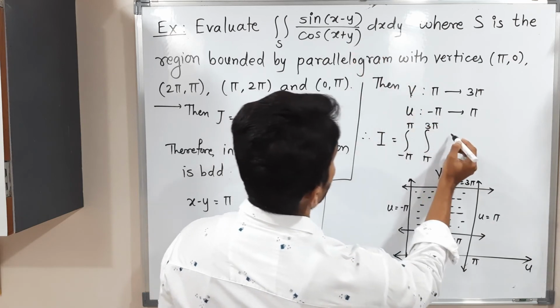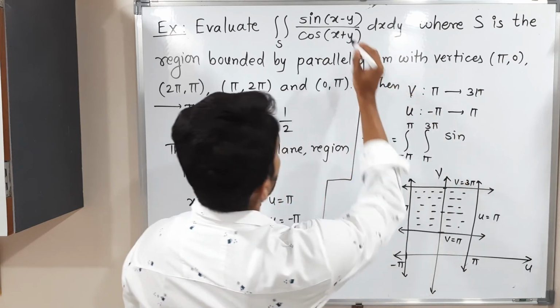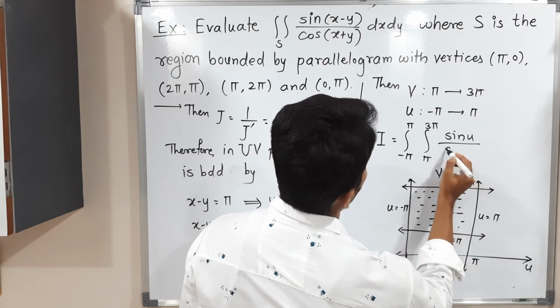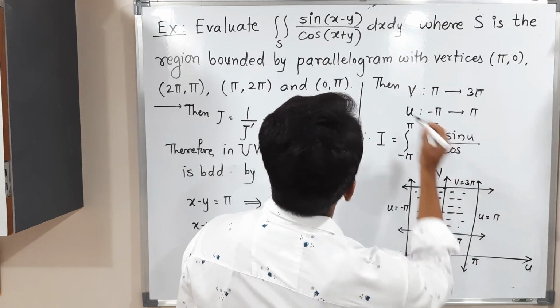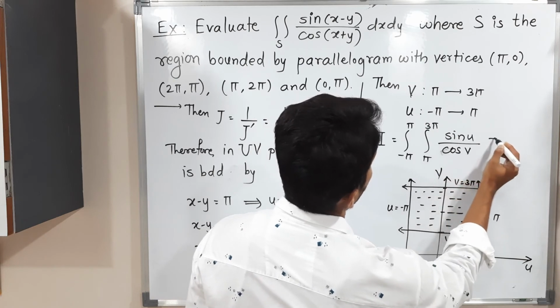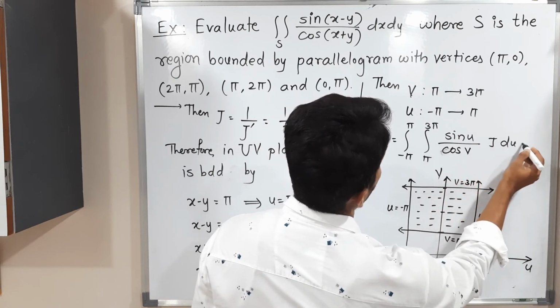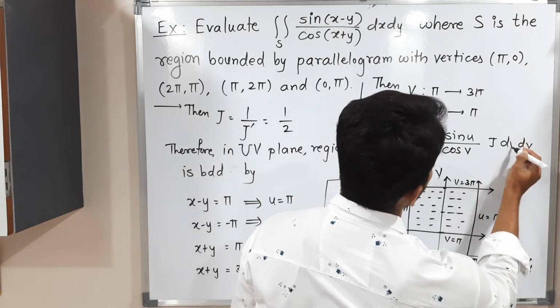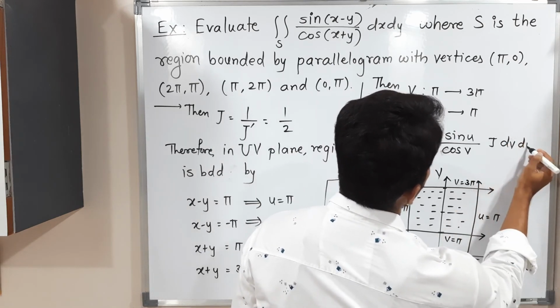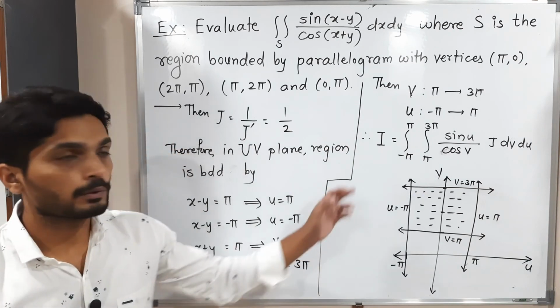After that, sine of x minus y is nothing but sine u, upon cos of x plus y, which is nothing but cos v, times j du dv. Actually, it is better to write dv du since our strip is parallel to the v-axis, right? So we have to solve this integration.